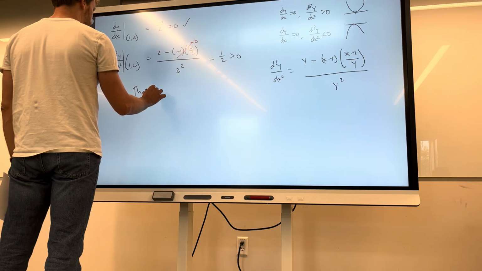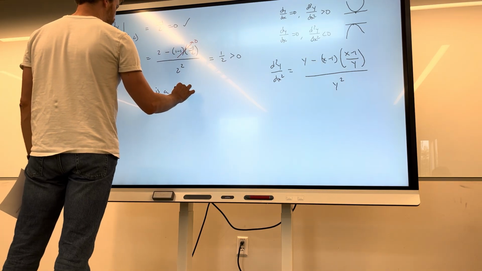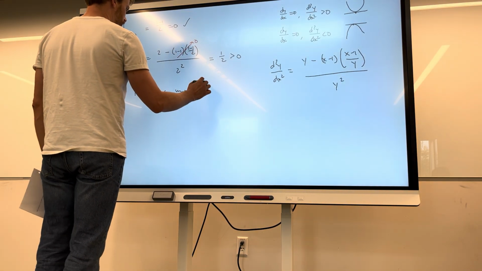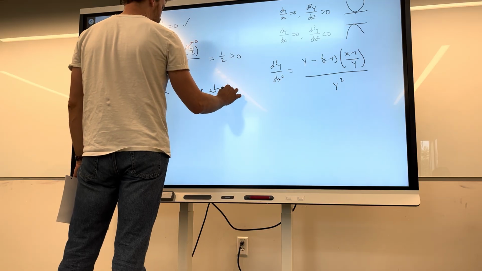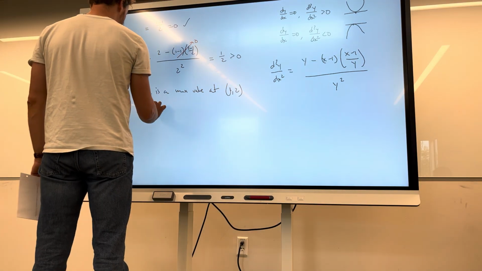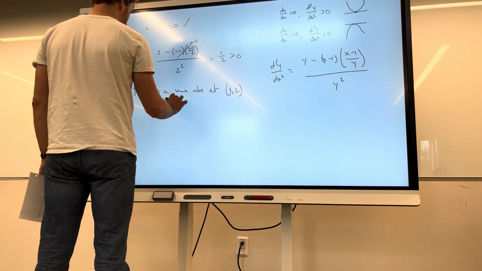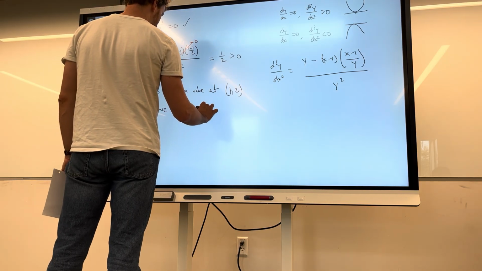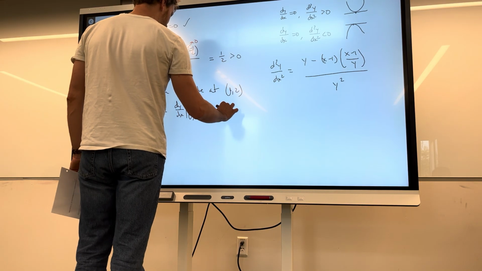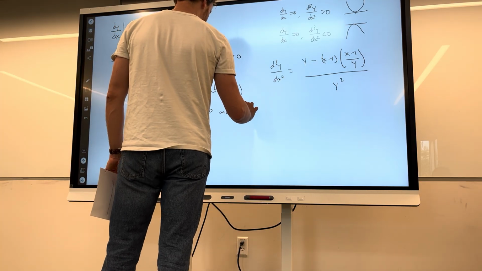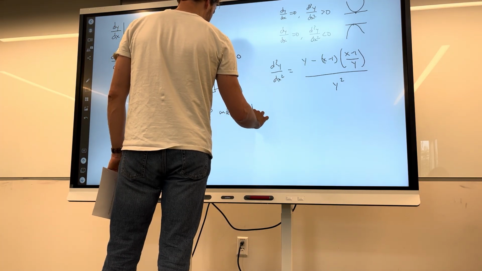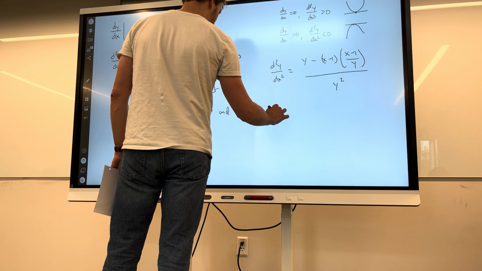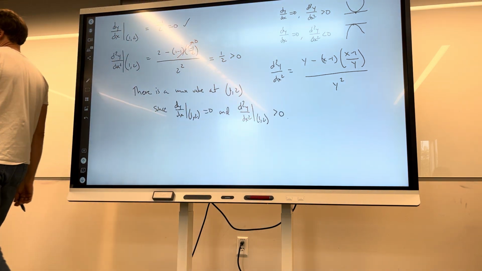There is a min value at 1, 2. dy dx evaluated at 1, 2 equals 0, and d2y dx squared evaluated at 1, 2 is greater than 0. Right, that's the second derivative test.